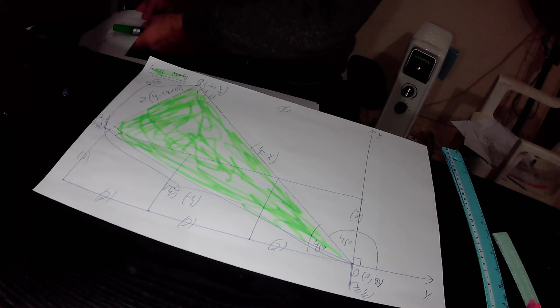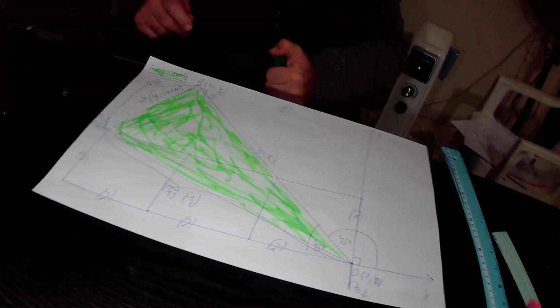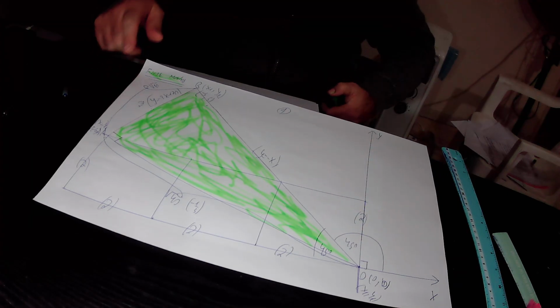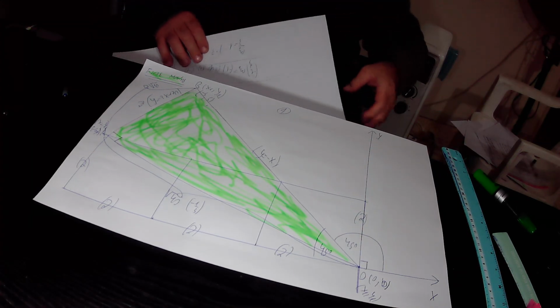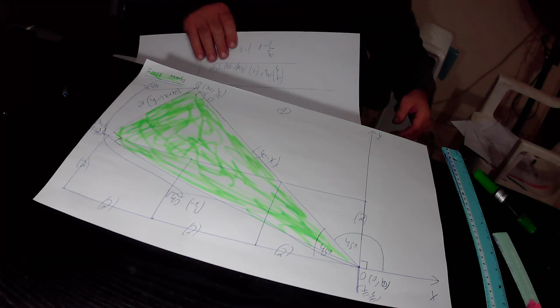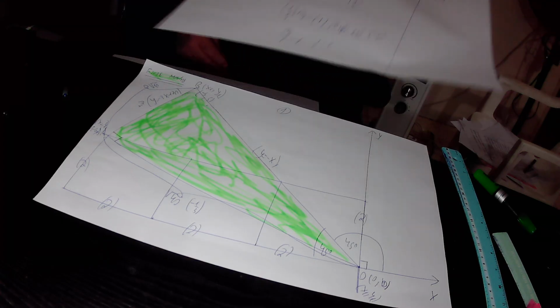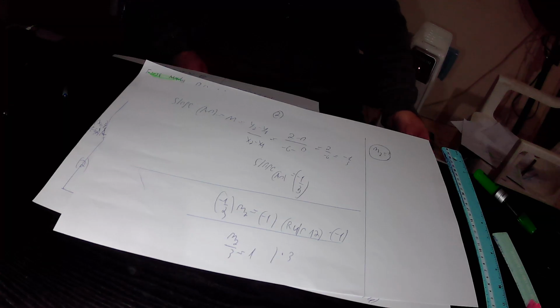In the next step, we calculate the slope of this straight line AO. Let me recall the definition of a slope.